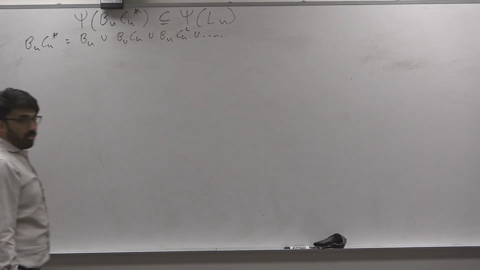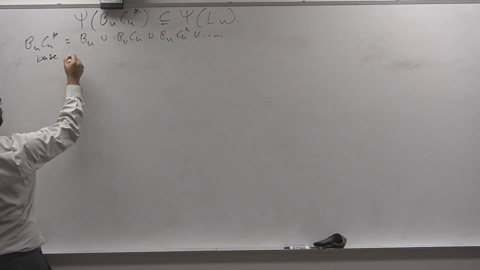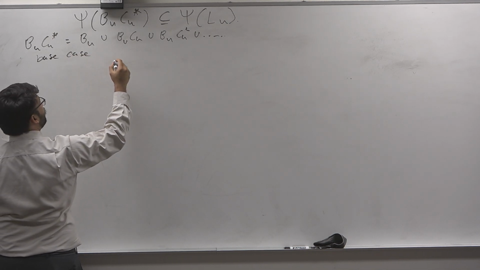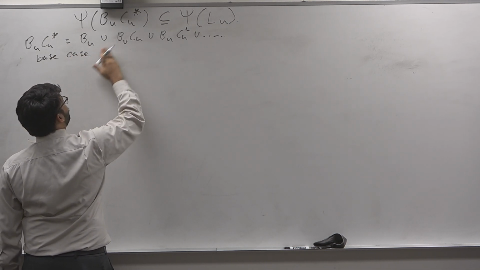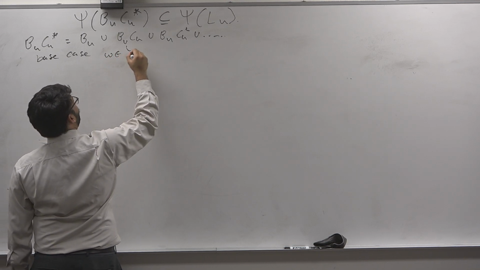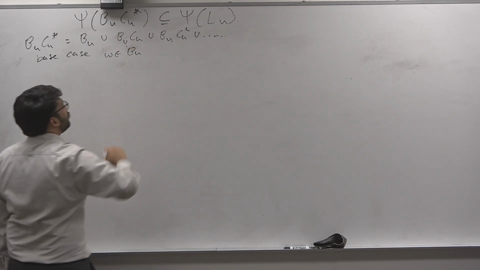So we're going to induct upon the number of times that star would be taken. So base case, we say that W is in BU, right?